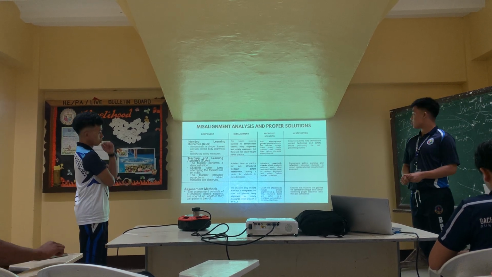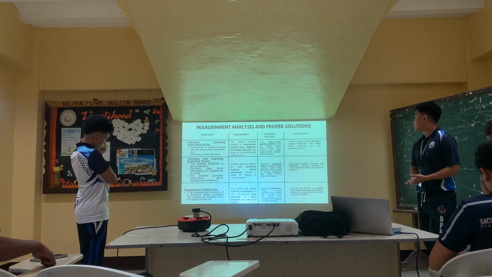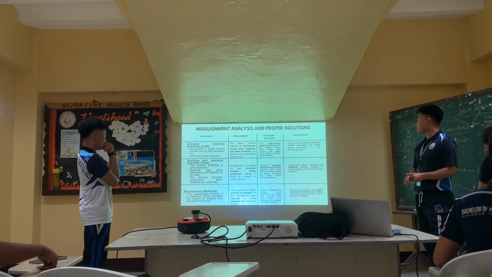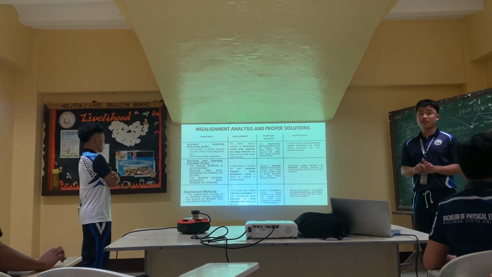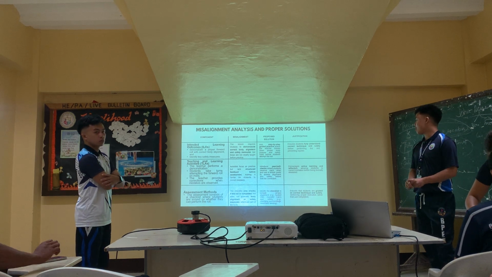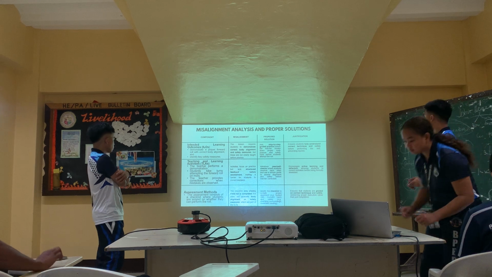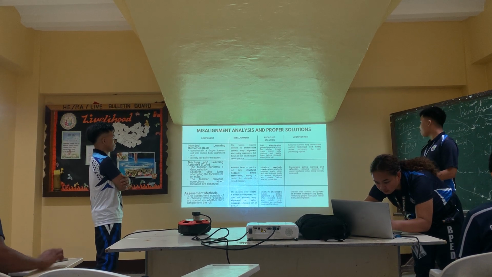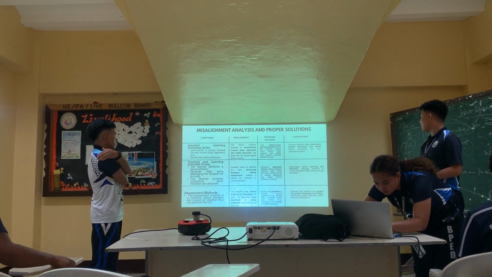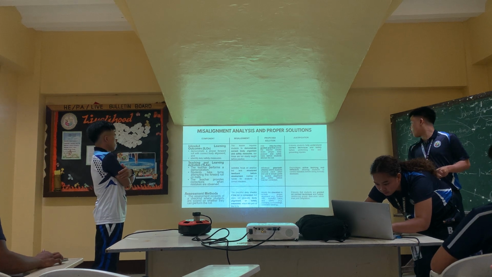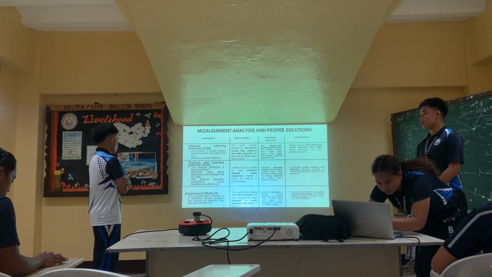Our proposed solution is to introduce self-checks where students observe each other and use a simple guide to assess alignment and safety before teacher correction. Our justification is that it encourages active learning and reflection, allowing students to correct mistakes before being formally assessed.